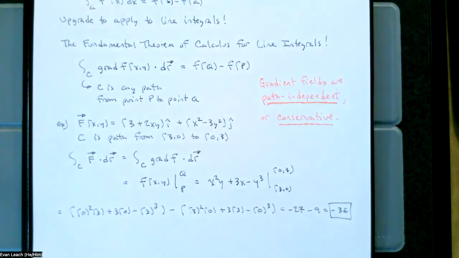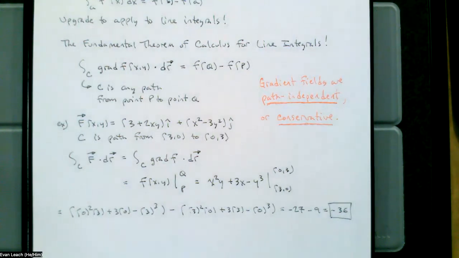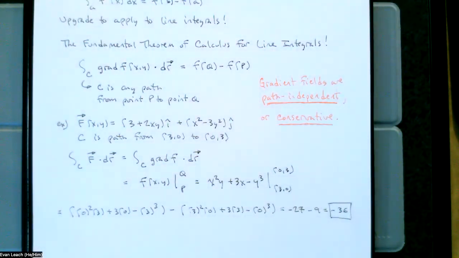Right now, the better descriptor is to say path independent, because that's just what we're basing this on. Path doesn't matter, starting and ending point matters. It's not the journey, it's the destination.